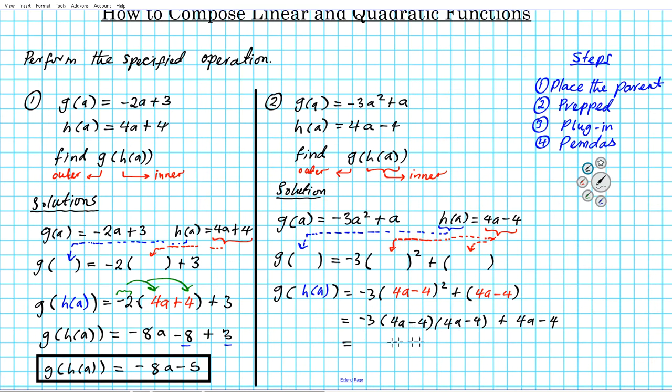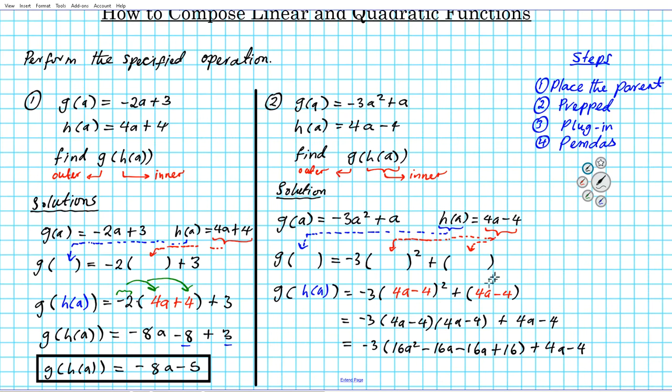So now let's multiply this completely. So we're still dealing with this square right here. So we're just going to FOIL it out. First, 16a squared, minus first outer, plus 16a inner, minus 16a last, plus 16, plus 4a minus 4.